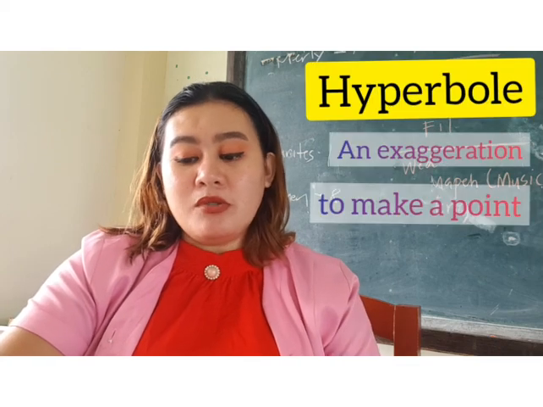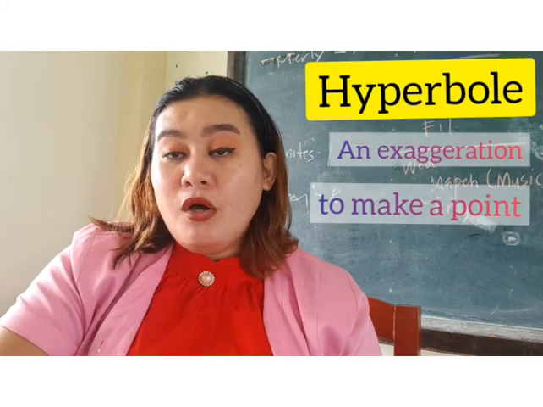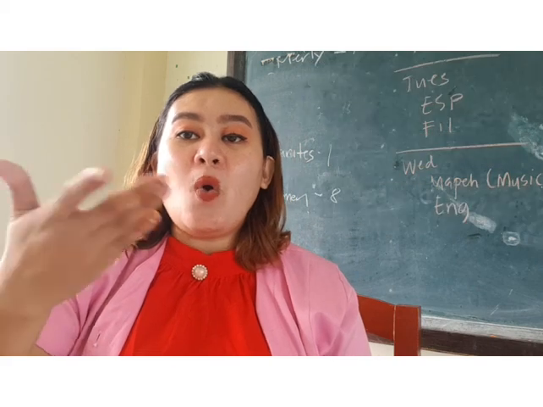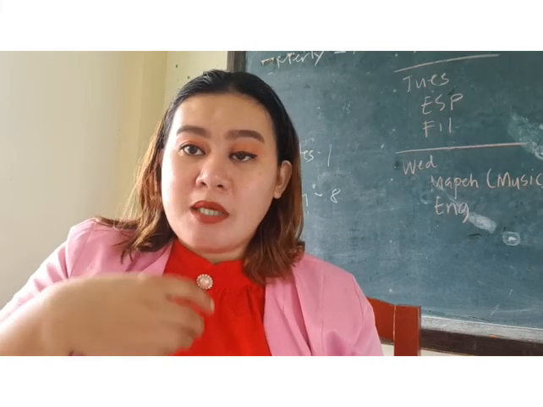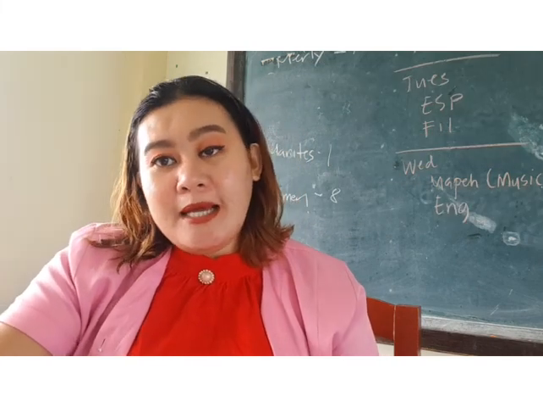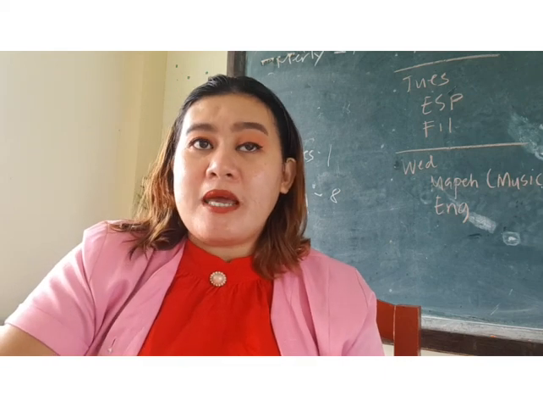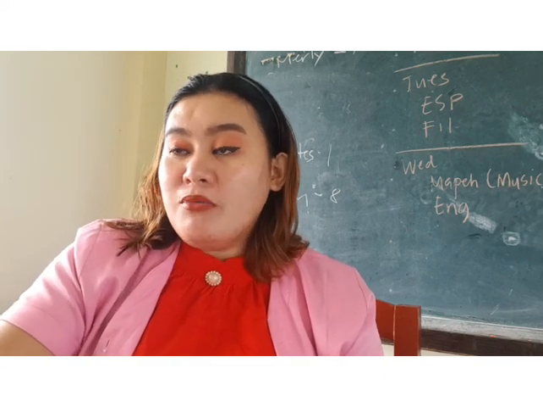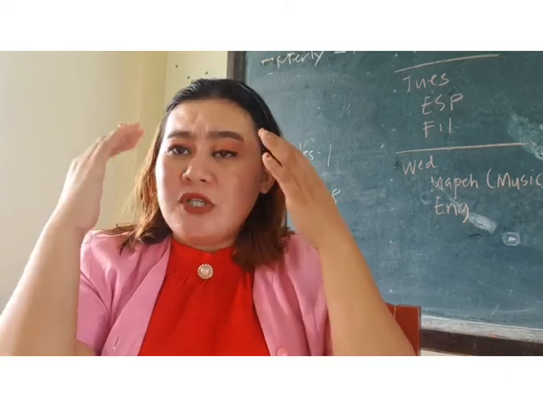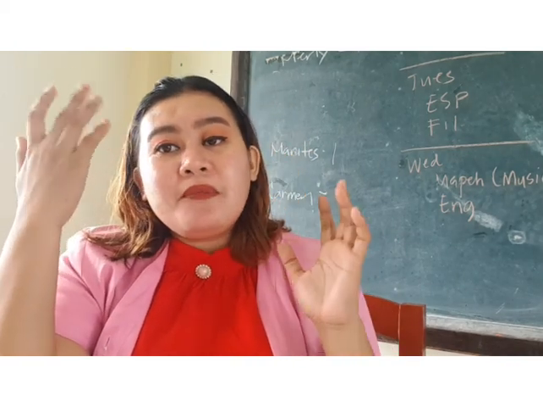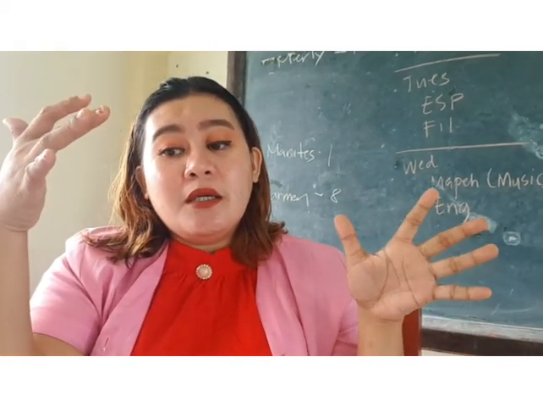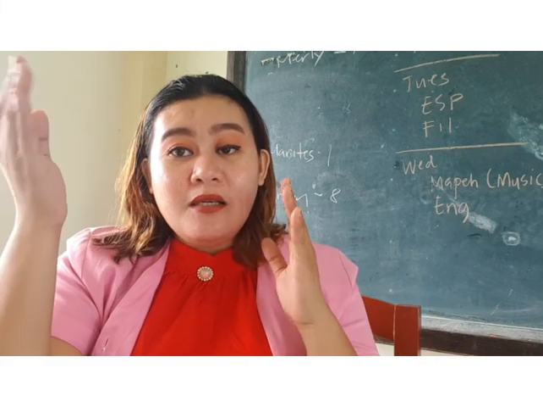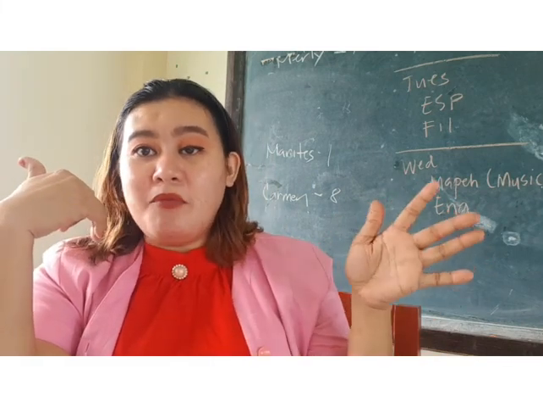This is an exaggeration to make a point, because you wanted to emphasize a point. For example, you were invited to walk and you say, I can't because I have laundry. So you will say, I have a mountain of laundry, so your friends can visualize that your laundry is as big as a mountain.